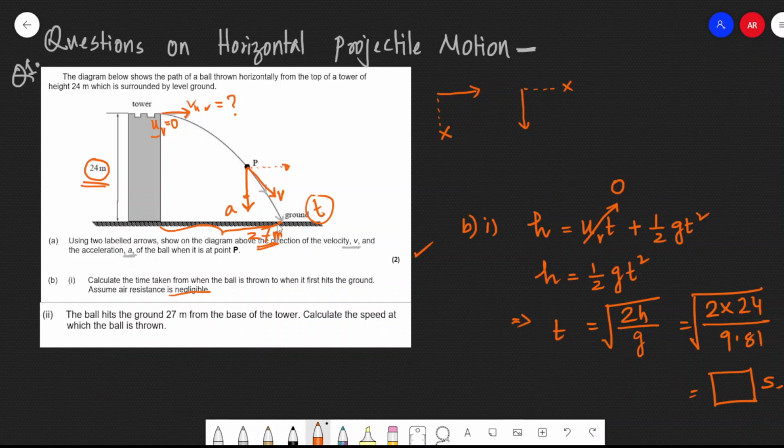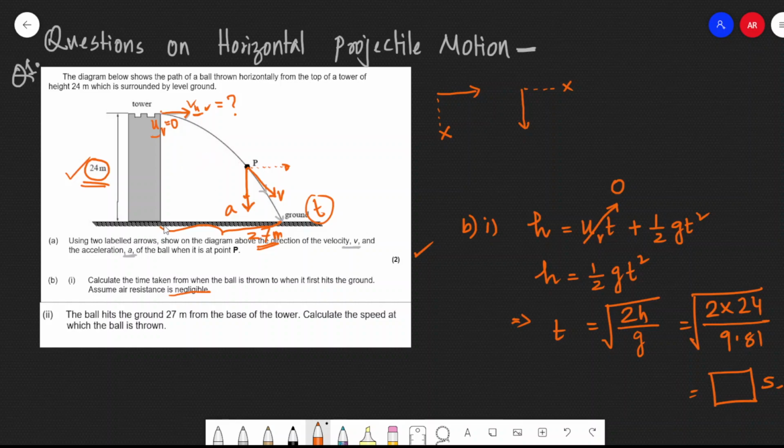At this time when it hits the ground, it simultaneously covers this much vertical height, 24 meters, because from the top of the tower it reaches the ground, and it travels the horizontal displacement of 27 meters in parallel as well, because it has been projected with some horizontal velocity vh.